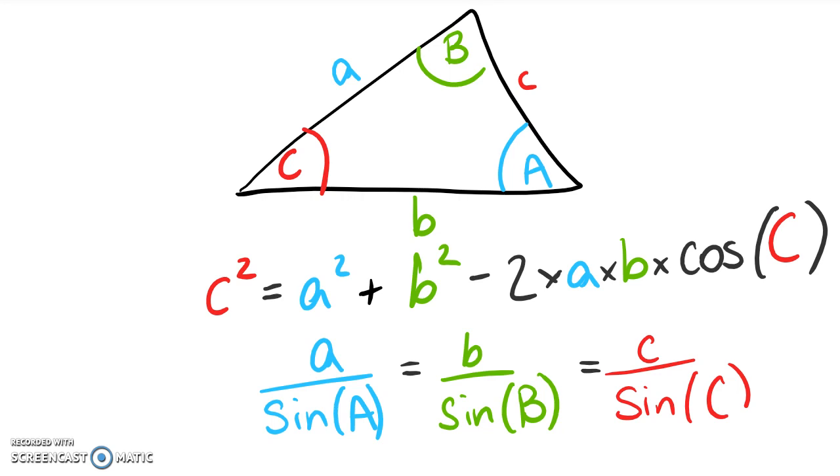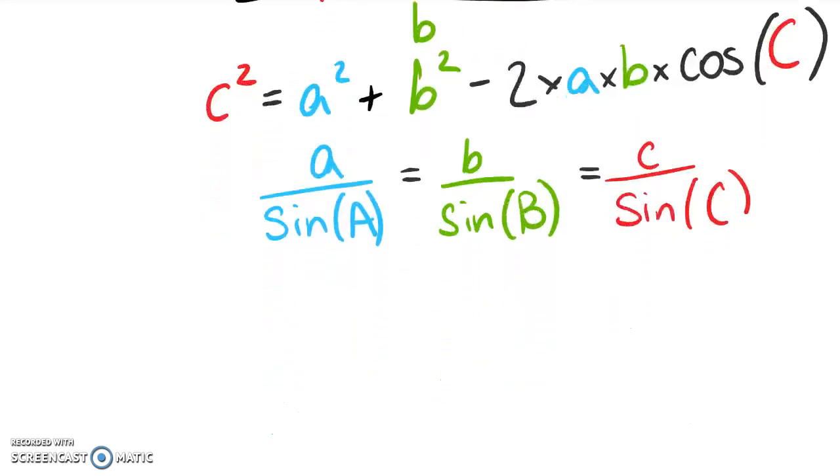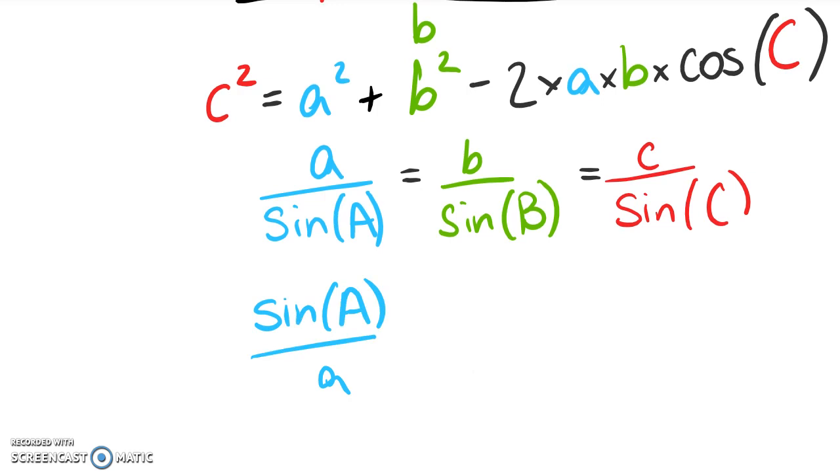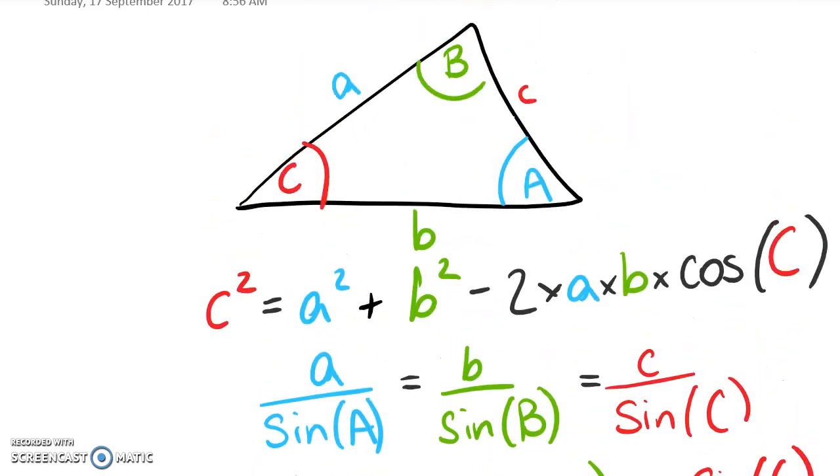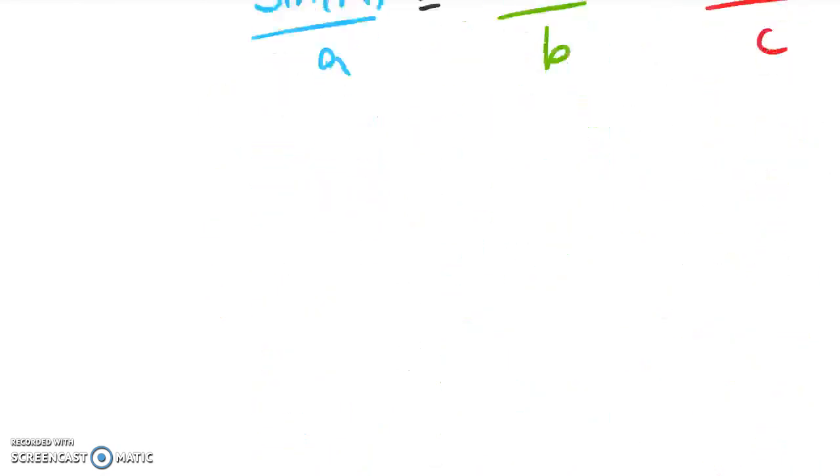We can write the sine rule with the little letters on top and the sines on the bottom, or if we like, we can also save some time by writing sine A on a, sine B on b, sine C on c, and just flipping those. And it will depend on what you're trying to find as to which one will save you time to write down. But let's have a look at an example question of this.